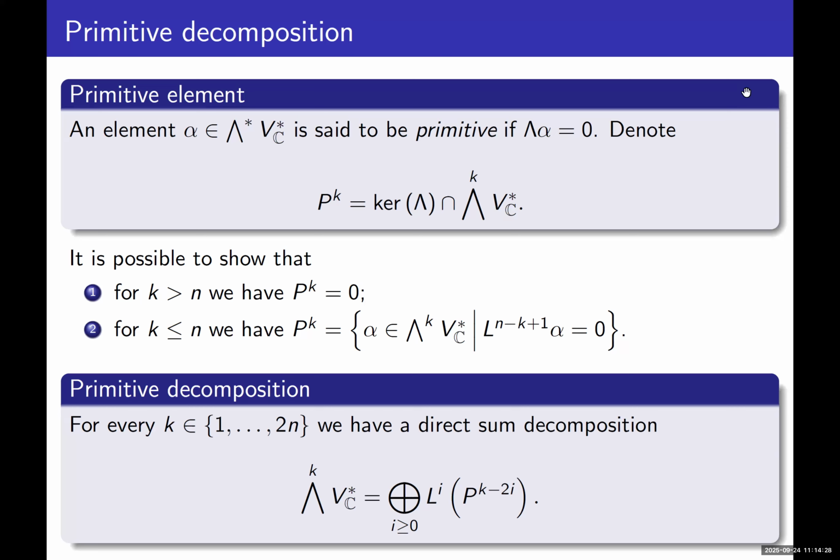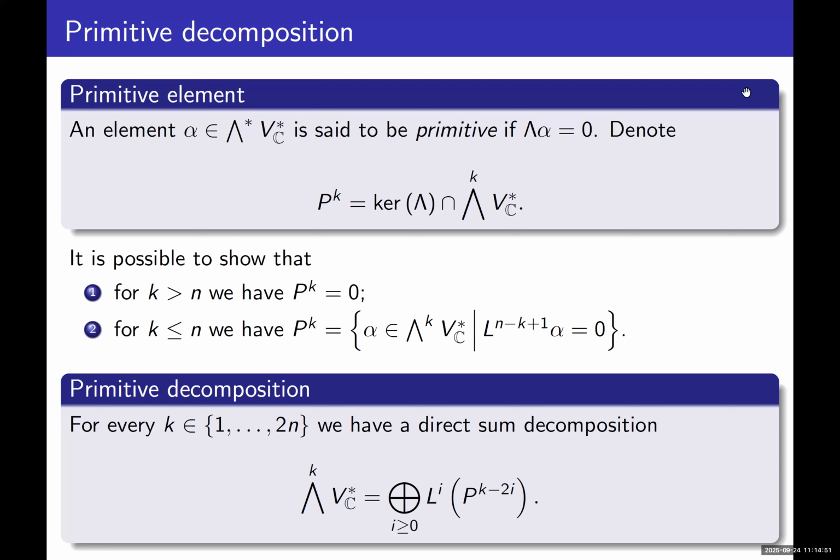Finally, this is a big result in some sense: for every k, we have a direct sum decomposition of the space of k forms in terms of powers of the Lefschetz operator applied to primitive forms.